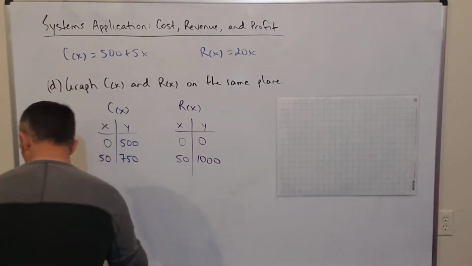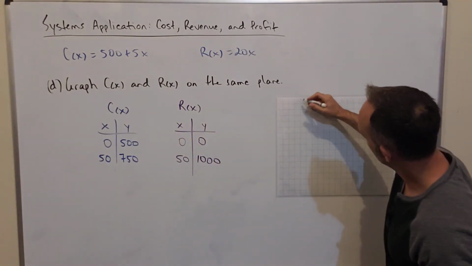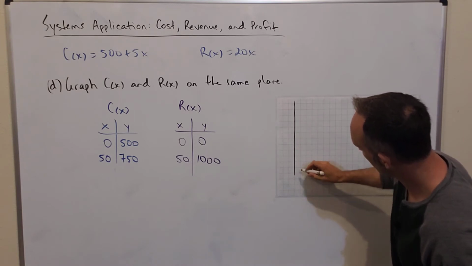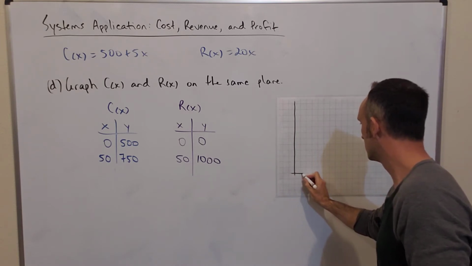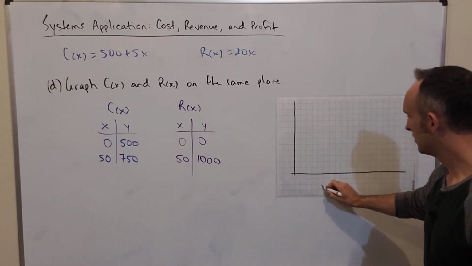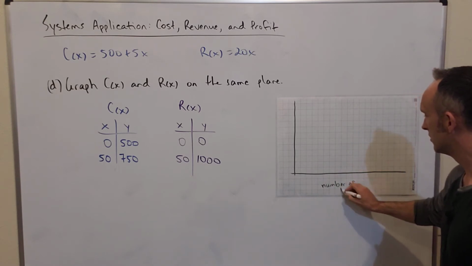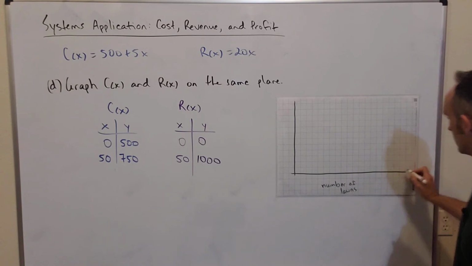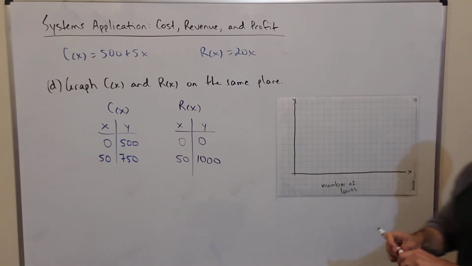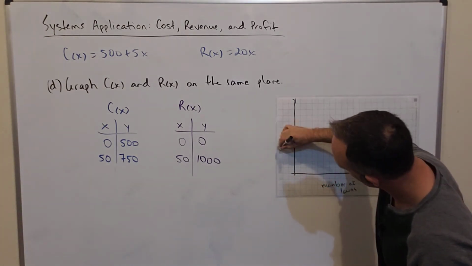So let's set up the grid now. I know I only need the first quadrant of the plane. So here we go. This axis will be number of lawns. This will be our x-axis, right? And then our y-axis will be the dollars. It's going to represent cost and revenue, so I'm just going to label it as dollars.